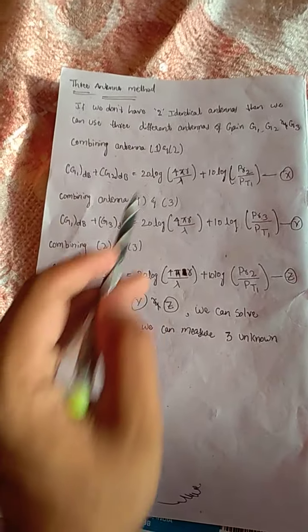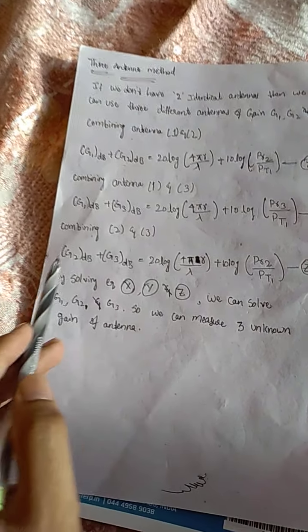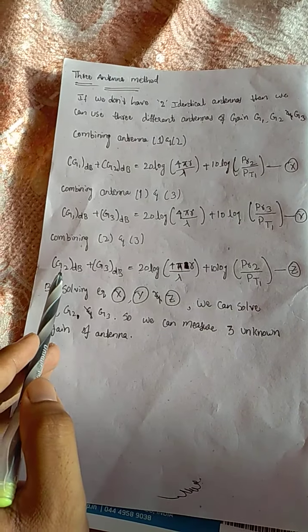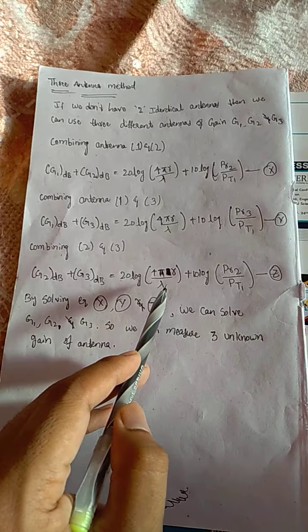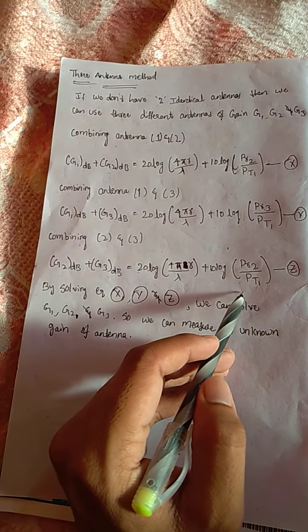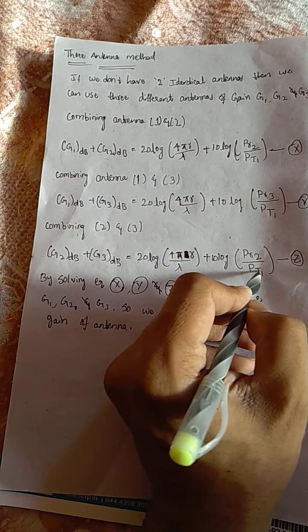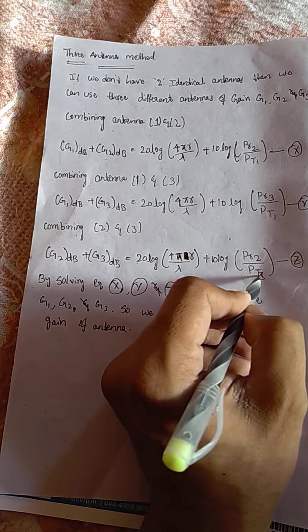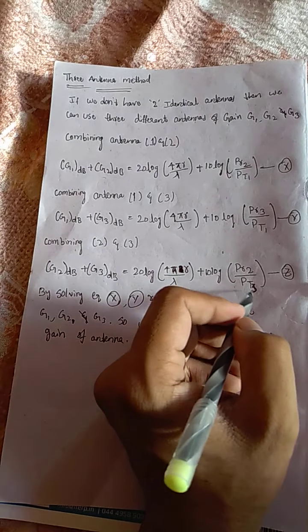We have combined 1 and 2, and we have combined 1 and 3. Now we combine 2 and 3. Again the gain of the second antenna and the gain of the third antenna in dB equals 20 log 4 pi r by lambda plus 10 log PR2 by PT3.